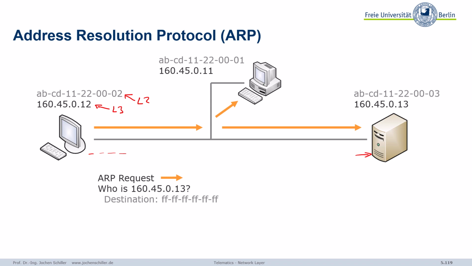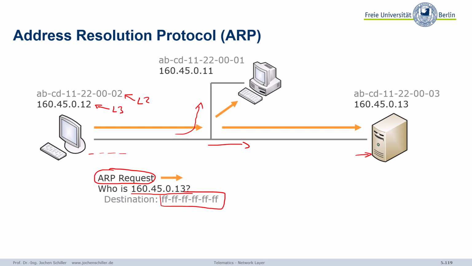Then all I can do is send a so-called ARP request. Who has the IP address 160.45.013? I already need a layer 2 address, but I don't know the layer 2 address of the appropriate computer. So this is why I use a broadcast. A broadcast means that this packet, the ARP request, will go to all stations connected to the local area network.